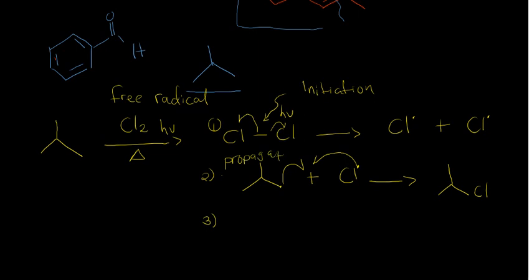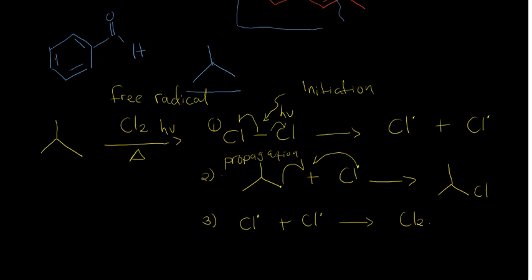Then we also have the final step, which is to react the chloride radical plus another chloride radical to form what we started with, which is chlorine. All this process requires heat.